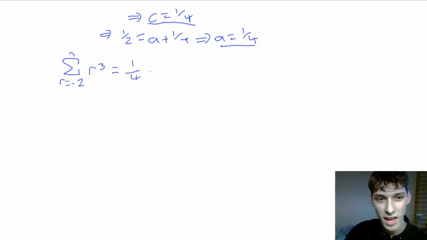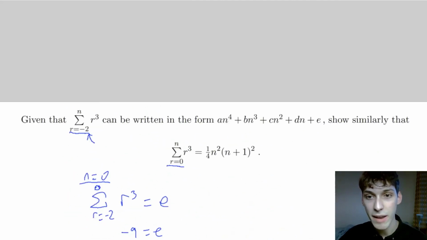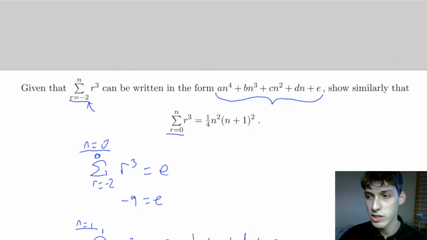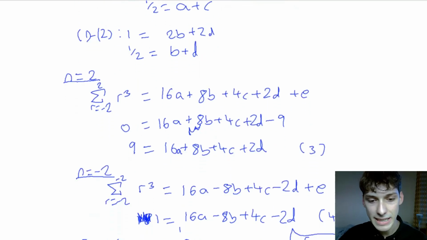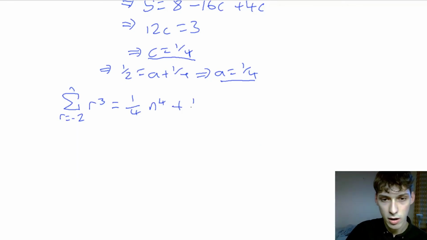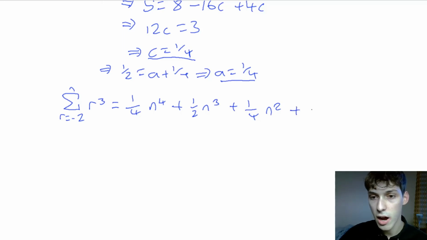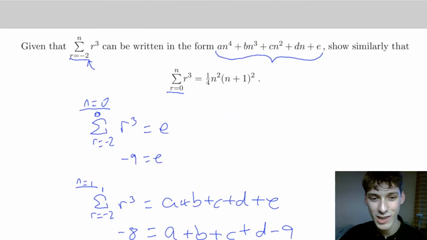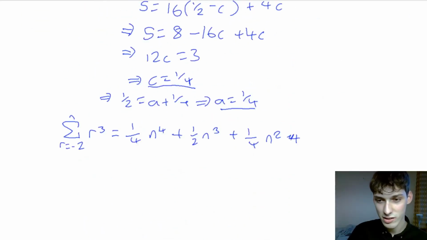We have a quarter n to the 4, plus b, which is a half, plus a half n cubed, plus c is again a quarter n squared, plus I believe d was 0, so we can ignore that term actually. And then e, right back at the start, was minus 9. So let's cross that one out and we get minus 9.